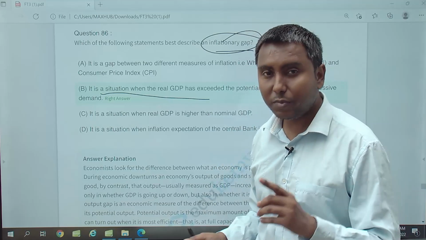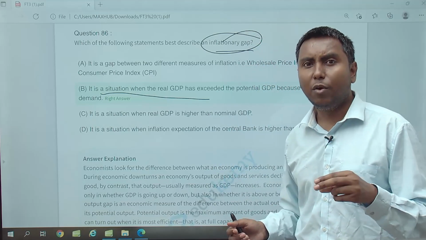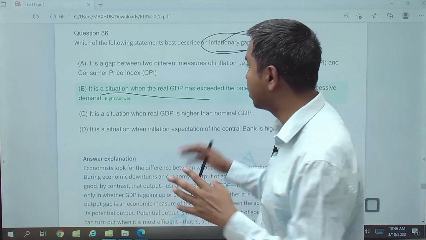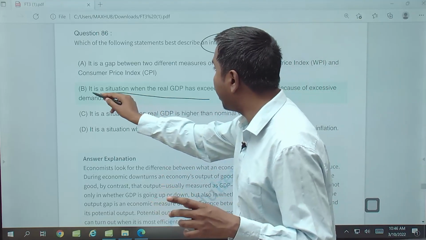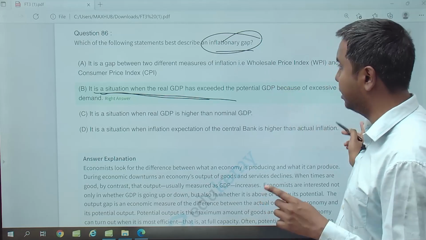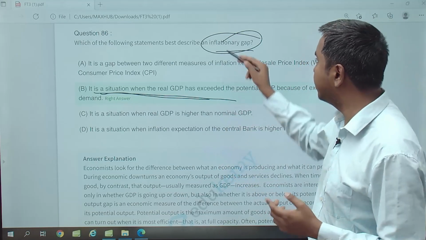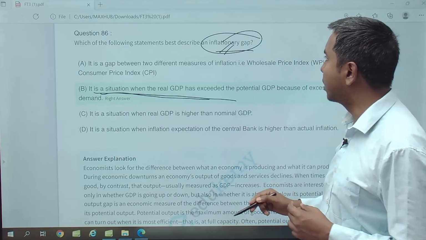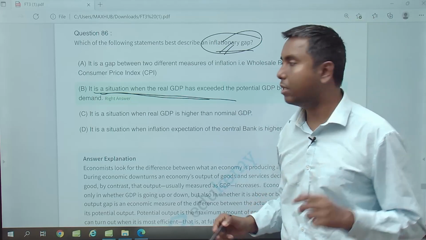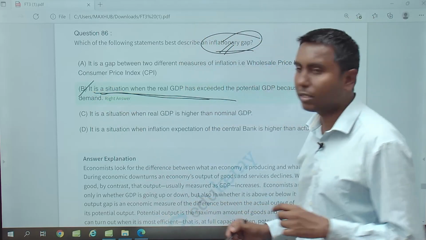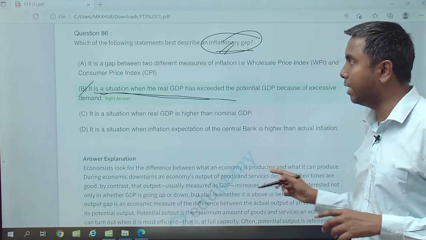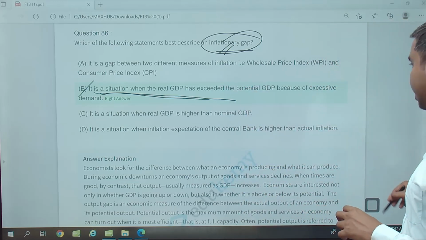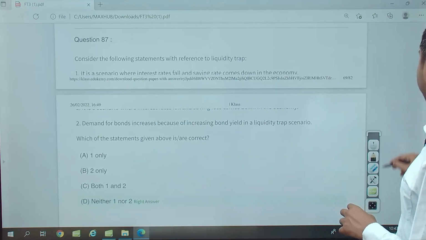But that condition will not be sustainable. Of course, in the long run, it will have to come back a little bit. But it is a situation when real GDP has exceeded potential. If real GDP exceeds it, then we will say that it creates an inflationary gap in the economy. So B is the correct statement. Again, this was a conceptual question. Unless you know it exactly, it's very difficult to eliminate options.